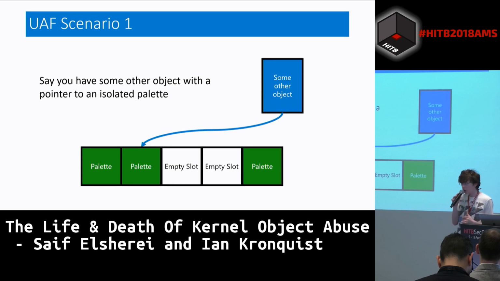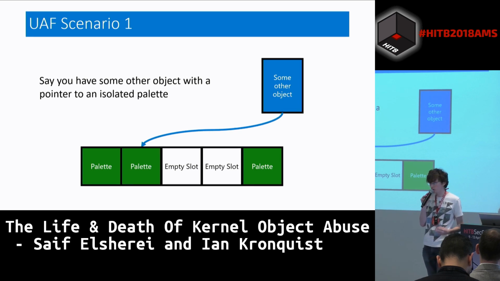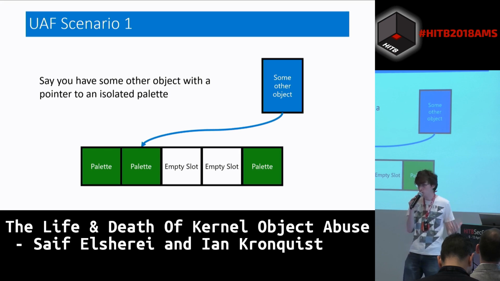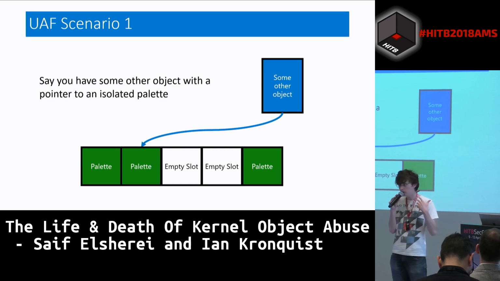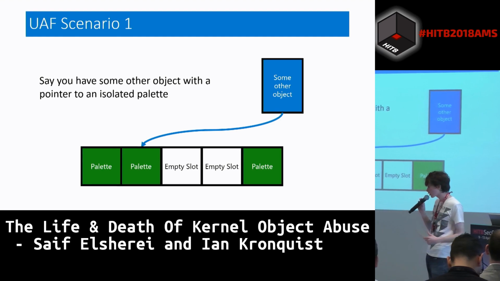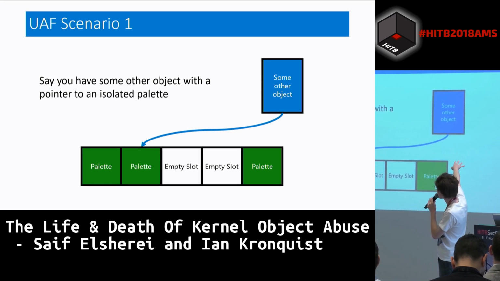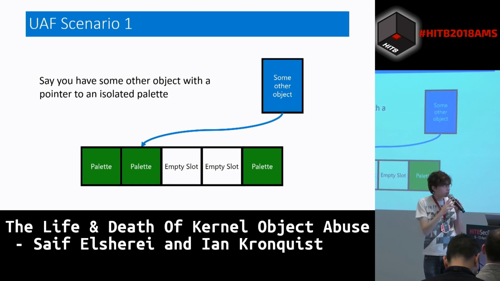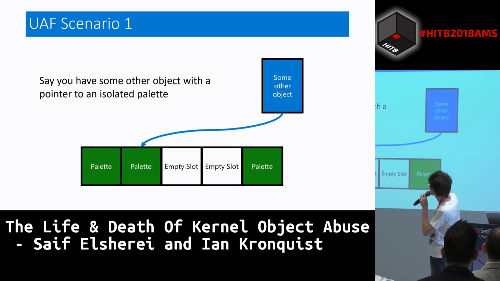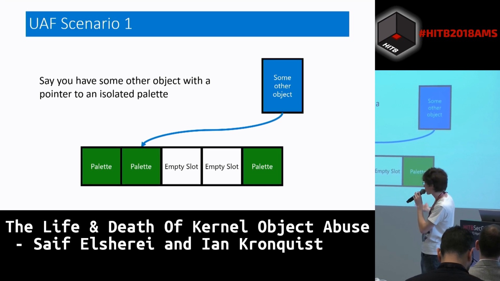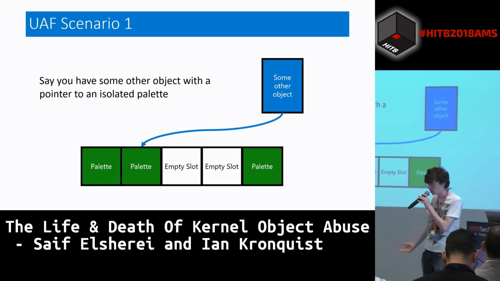So I want to walk you through two use after free scenarios and show what really happens when we try to use an exploit like Saif's on this new type isolated heap. In the first scenario, we've got some other object up there in blue. It lives on the general purpose heap. Maybe it's one of Saif's window objects, and we're going to smash the palette object, right? That's what he's trying to do, but we've isolated the palette object now.